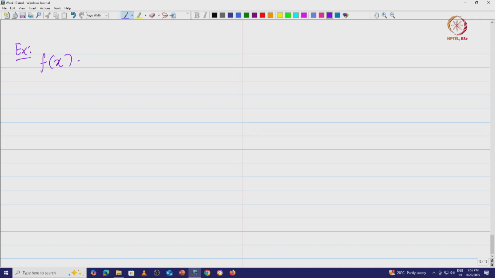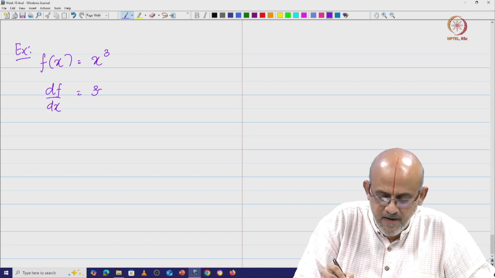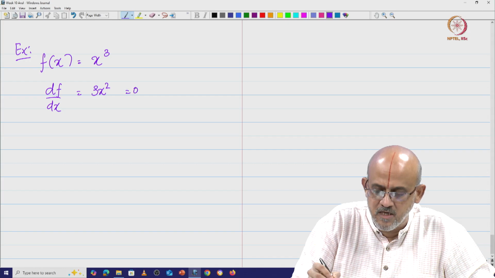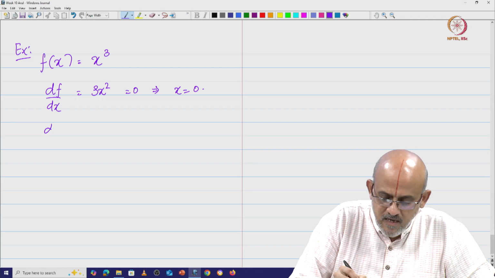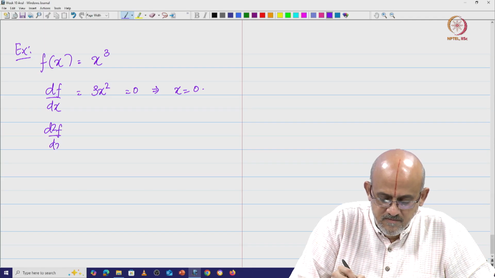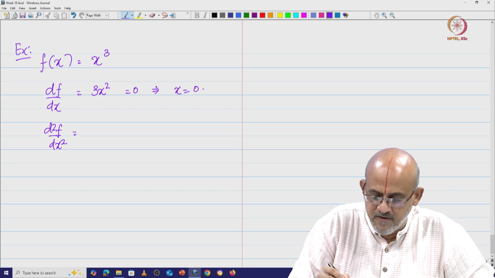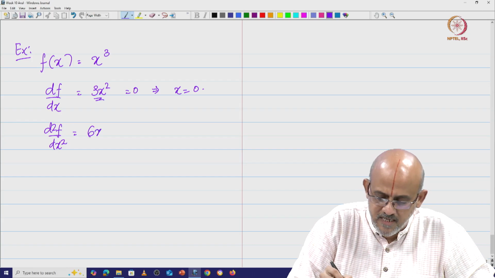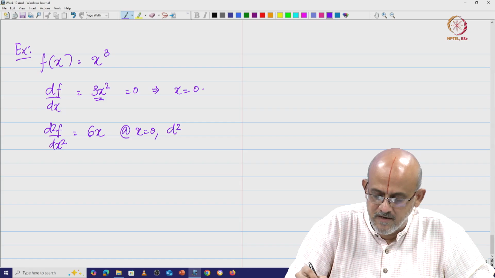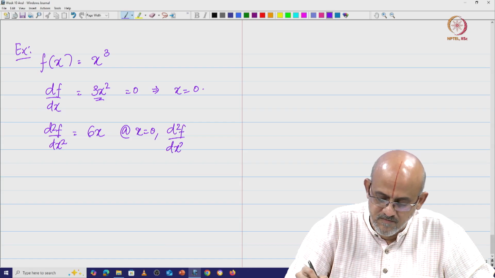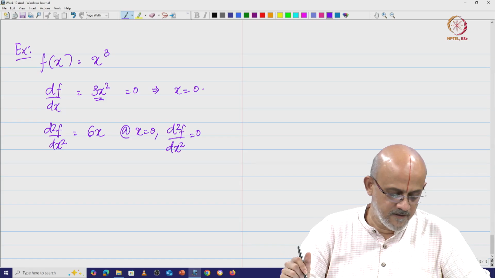Now, we know the derivative of this, df by dx is equal to 3x squared, and if you equate this to 0 you end up getting x is equal to 0. d square f by dx square, if you see, you get the differential of 3x squared, which is nothing but 6x, and at x is equal to 0, d square f by dx square is also 0, right.